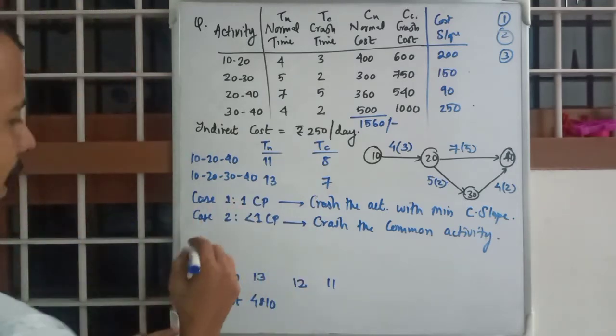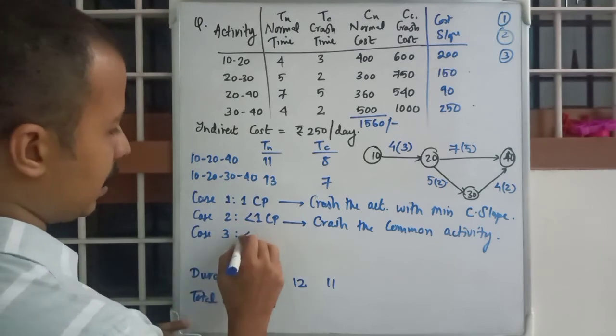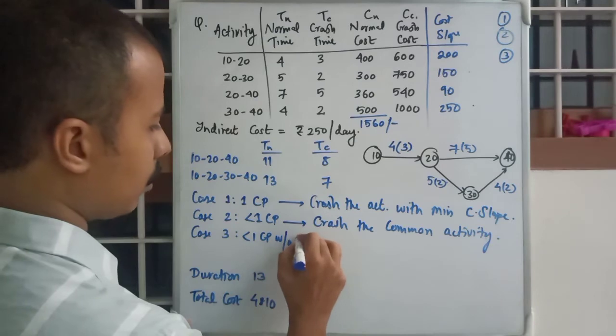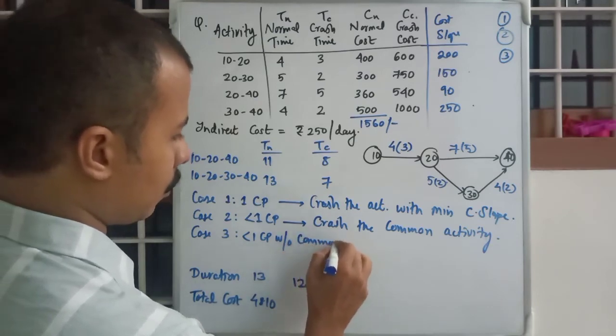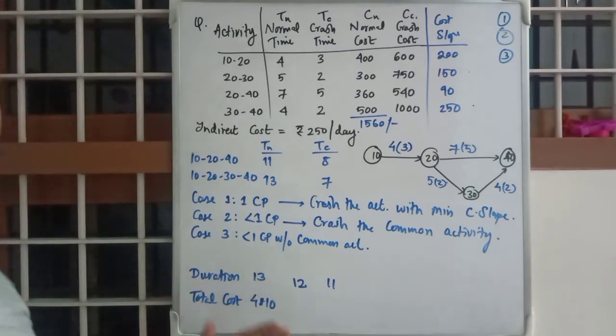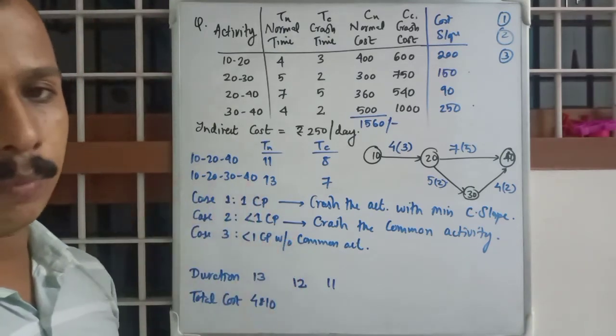And suppose case 3 is, there is more than one critical path without a common activity. There is no common activity, but there are two critical paths.